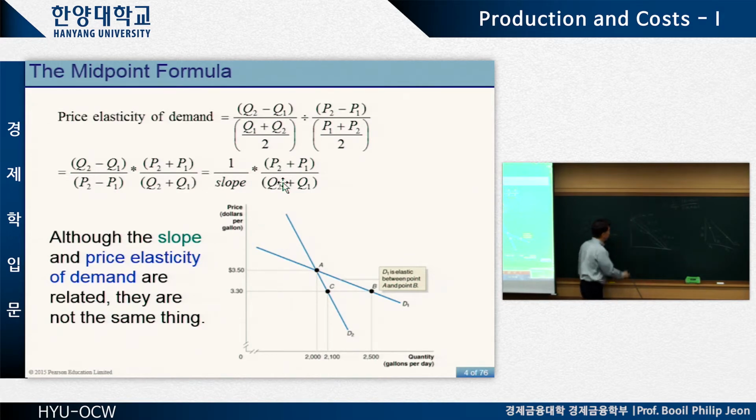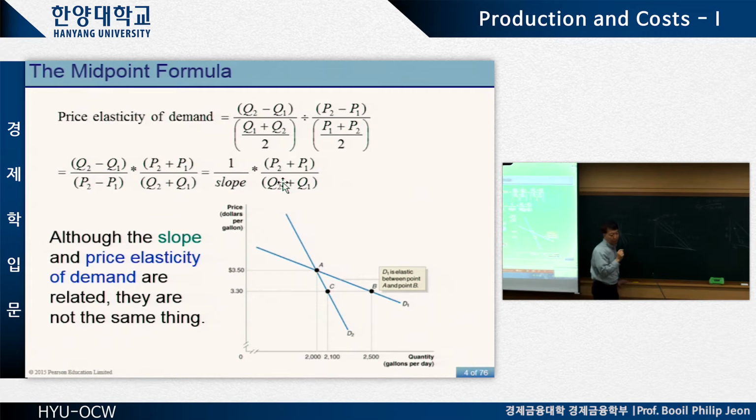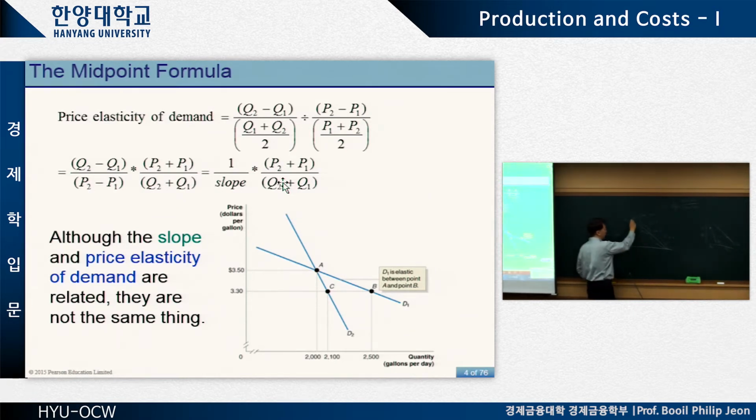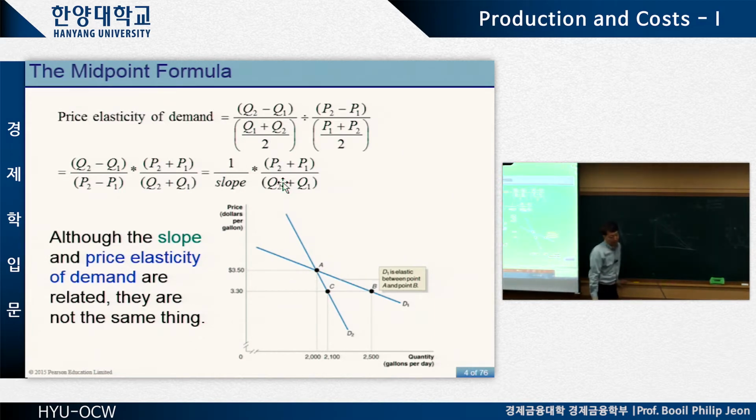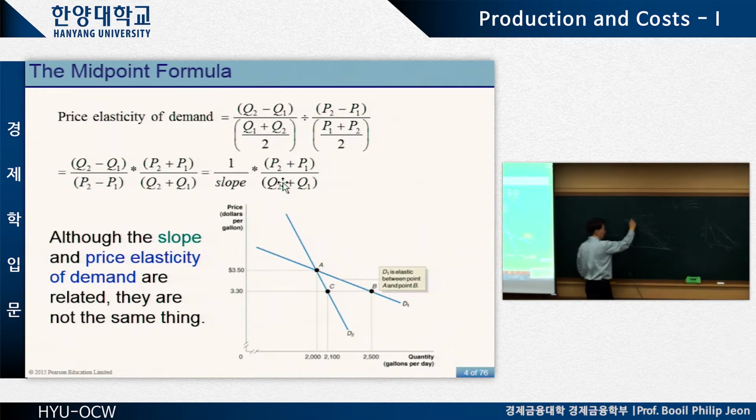So here's the initial price P1. And suppose we lower the price slightly, a very tiny amount. That means if the price was P1, quantity would be 0.